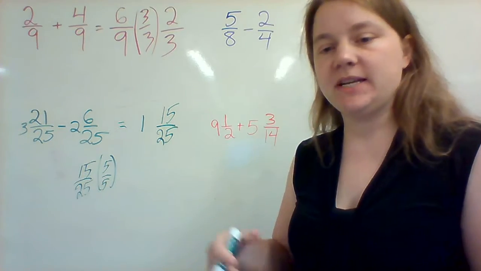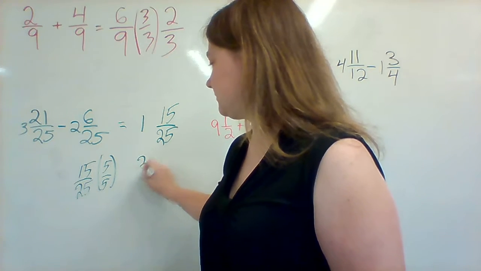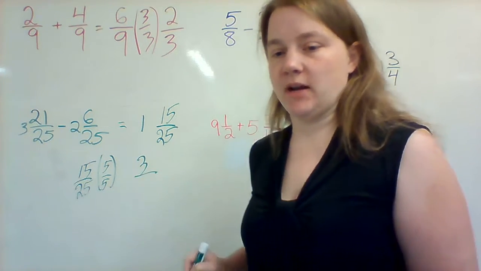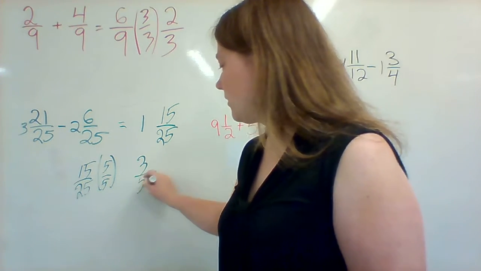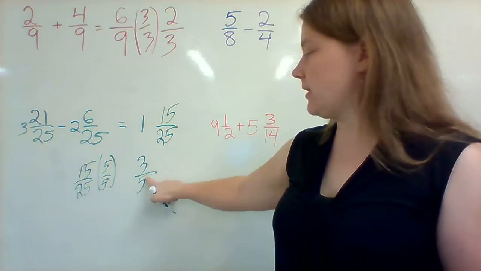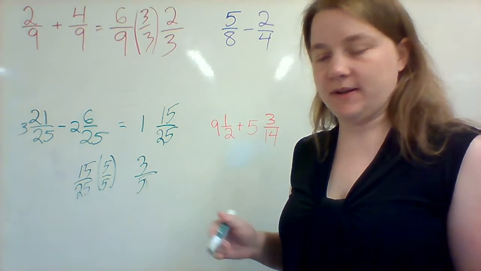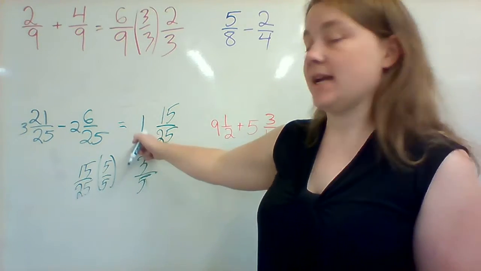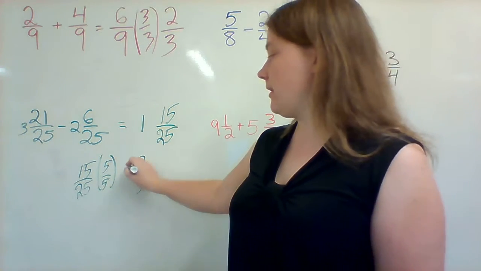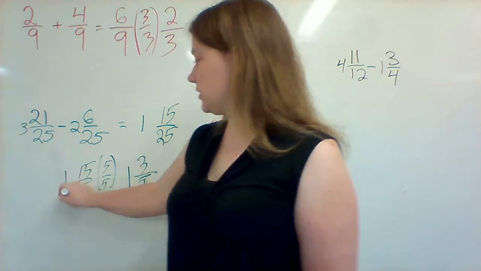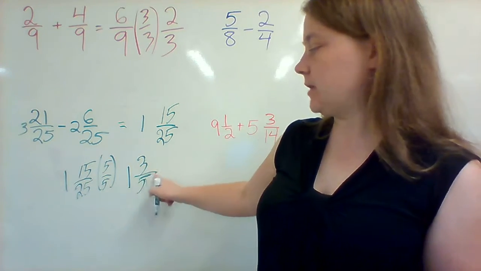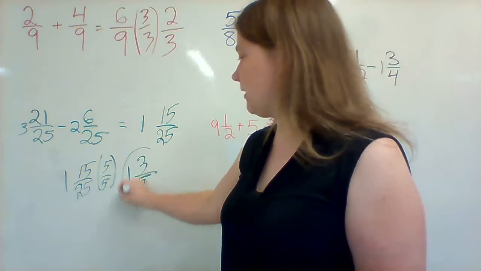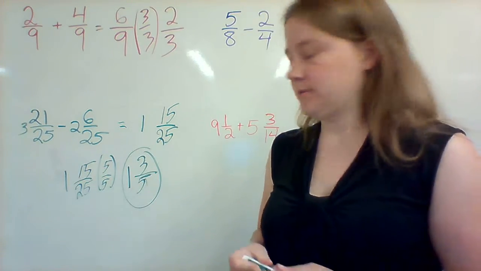So I'm going to take 15 divided by 5, and that's 3. 25 divided by 5 is 5. So I know that my simplified answer is 3/5. Then I need to take that whole number from before and keep it with that fraction. So 1 and 15 over 25 becomes 1 and 3 over 5 for my final answer.